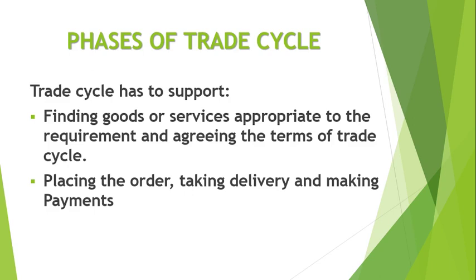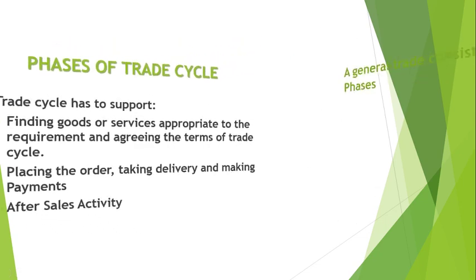But the most important aspect not to forget is that when we have taken the delivery and made the payments, we also look at the warranty period of the product and how many years of warranty that particular product has. So these are after-sales activities, and these are properly covered in the phases of trade cycle.